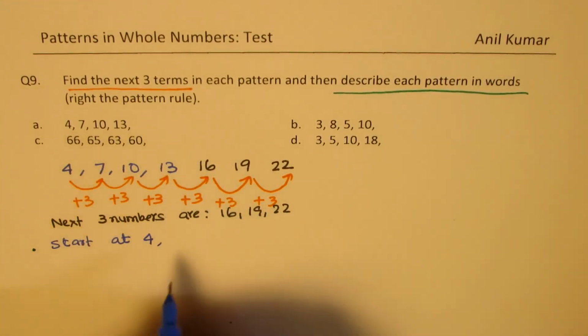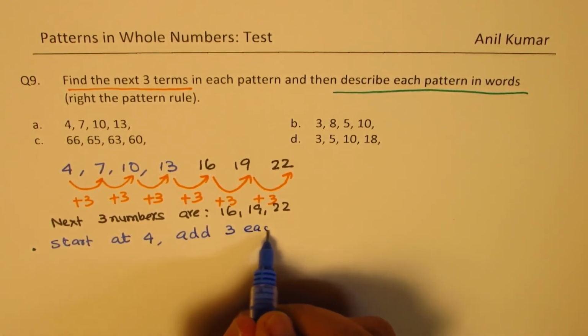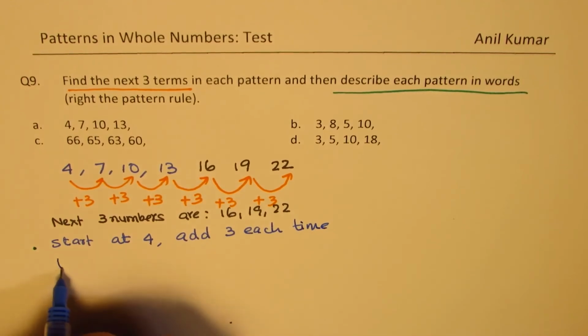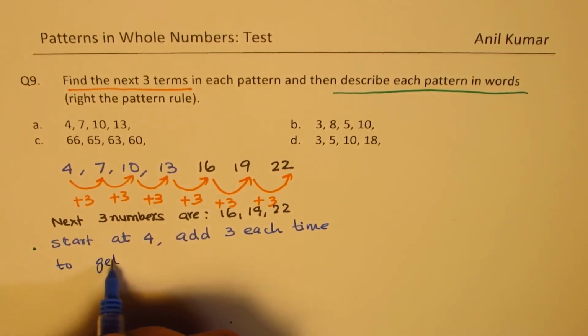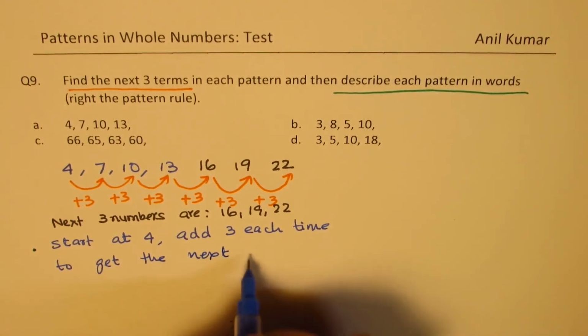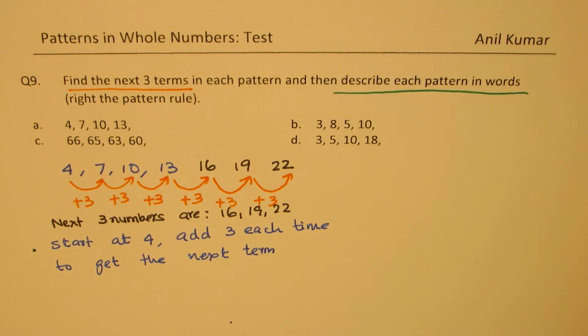Then you add 3 each time. Is that clear, right? So that is how you can describe the pattern, correct?